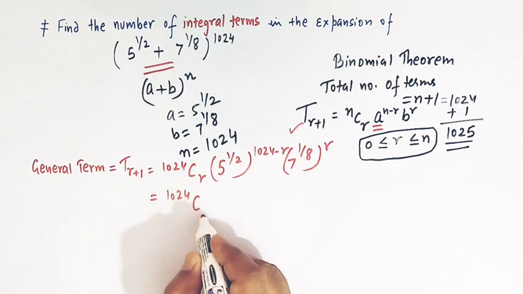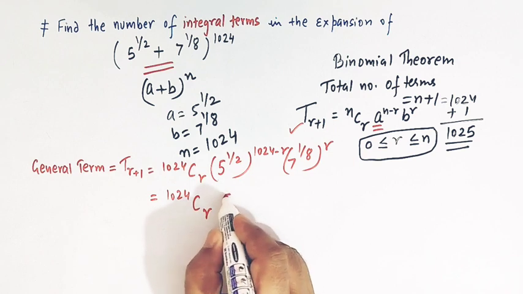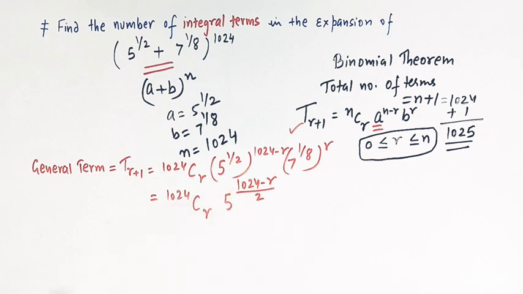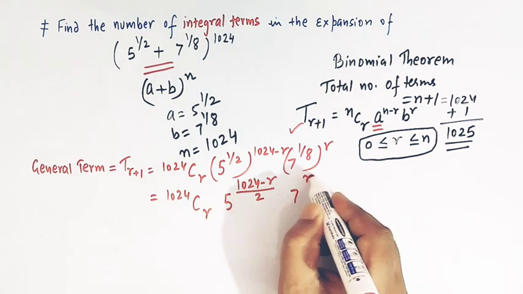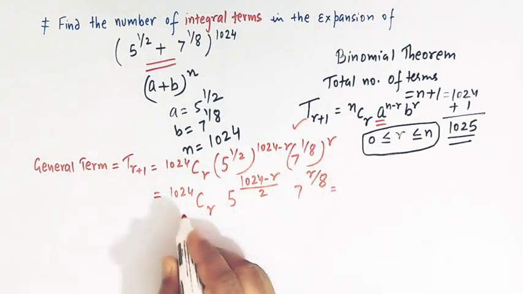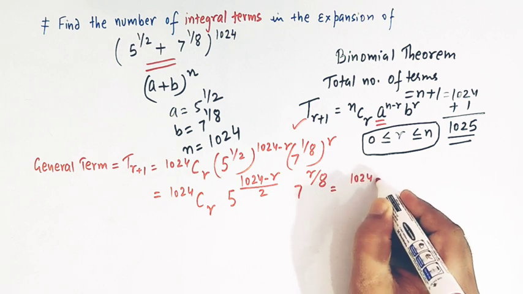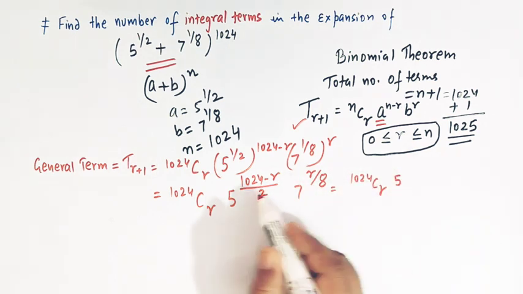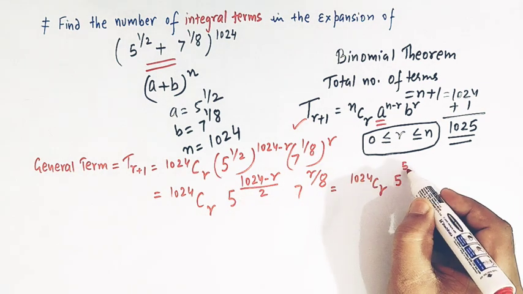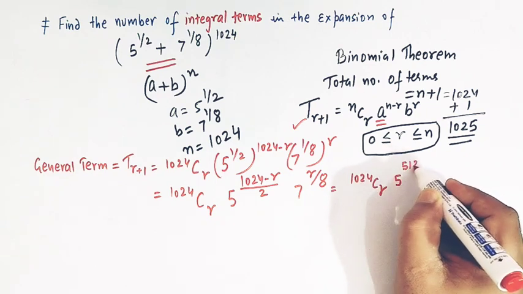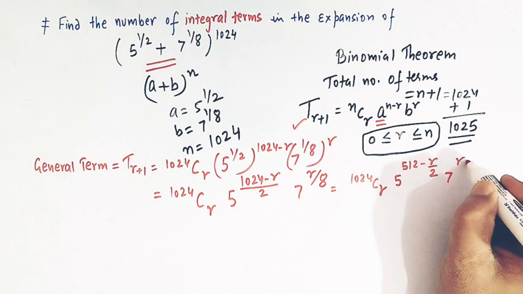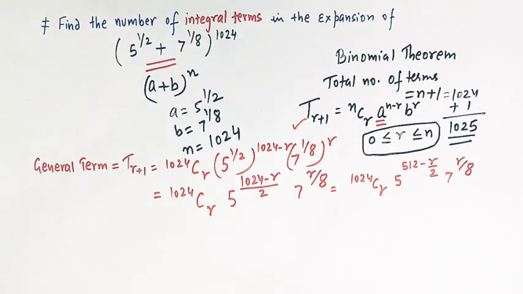The binomial coefficient is 1024Cr, and we have 5 raised to (1024 minus r) over 2, and 7 raised to r over 8. We can write 1024 divided by 2 as 512, so this is 5 raised to 512 minus r over 2, and 7 raised to r over 8.